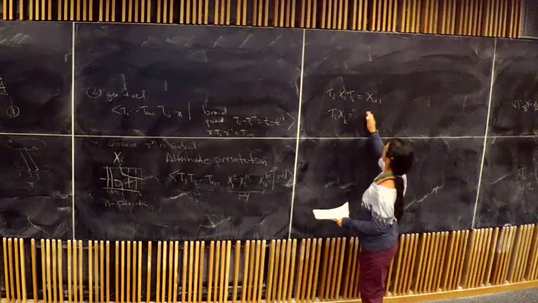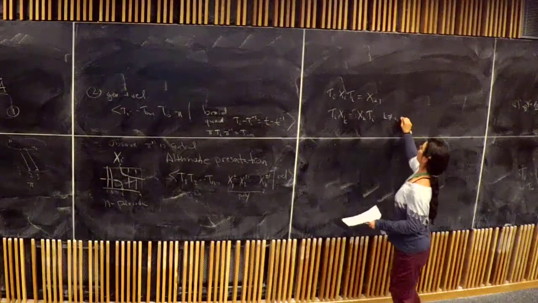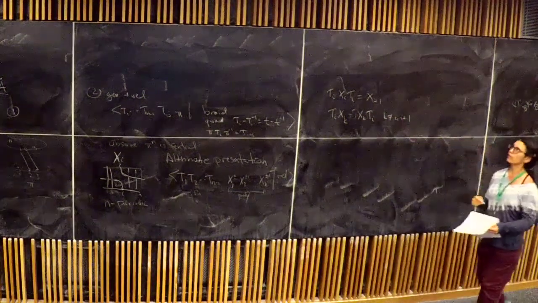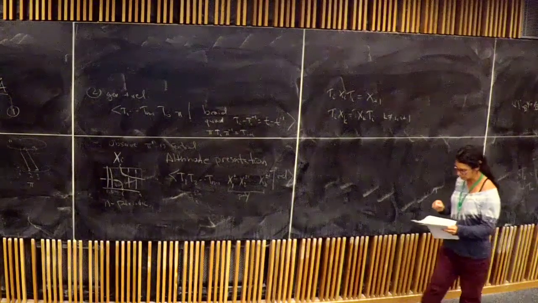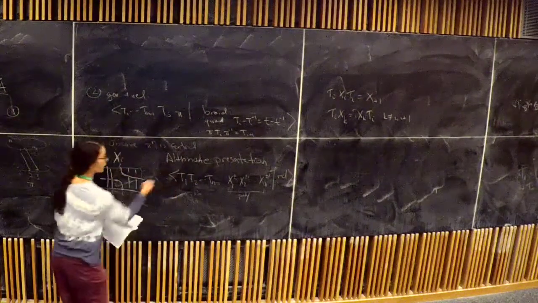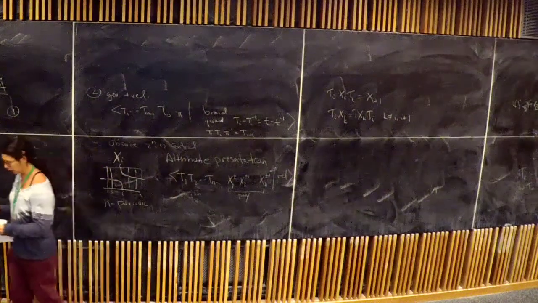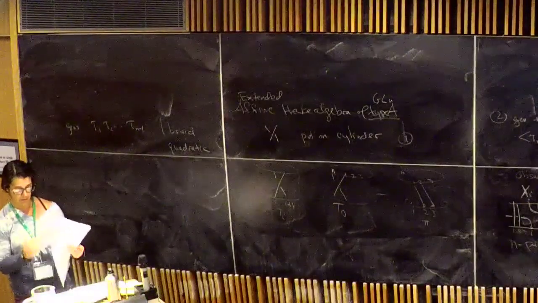Whoops. K is not i or i plus 1. So I didn't write down the relation explicitly with i plus 1, but you can get it from this. So that's an alternate presentation. And this is the presentation I grew up with, which for certain things you want to do is great, and not as great for certain other things.